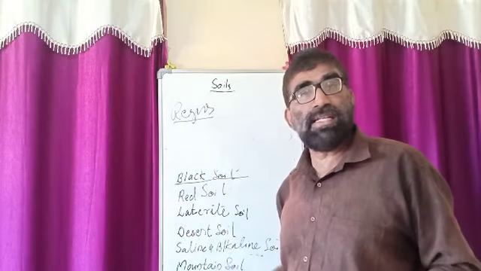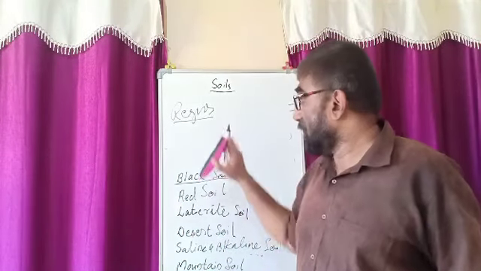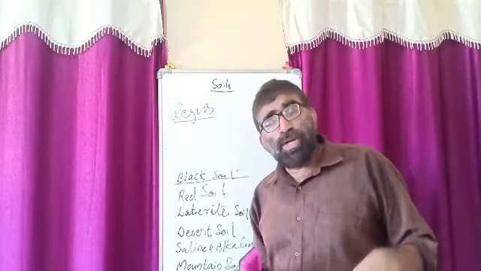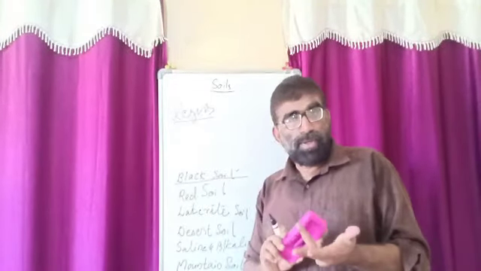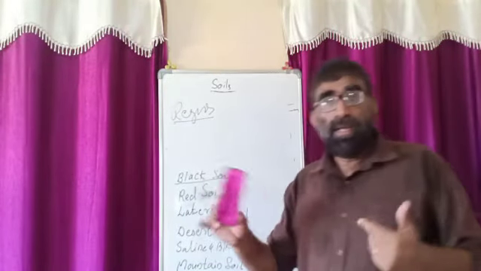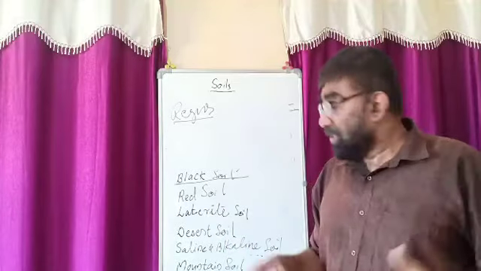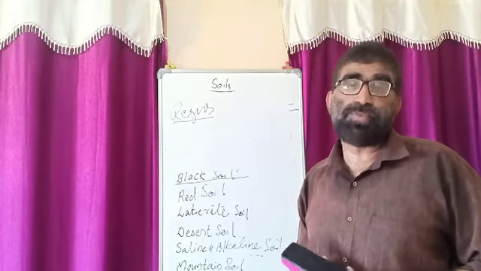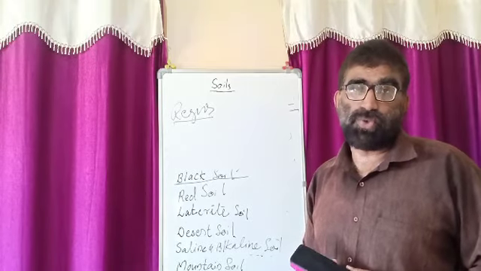Phosphorus and humus are not found in black soil. Black soil is suitable for the growth of cotton, sugarcane, tobacco, wheat, and millets. Almost all these crops are grown in this black soil.